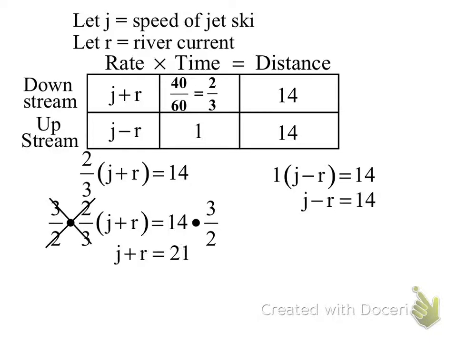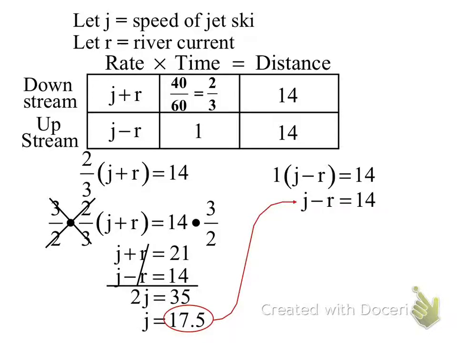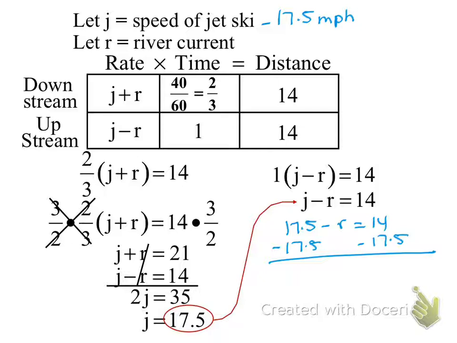Okay? That is the jet ski. In this case, we called the current R, which I really would have called C. So now I'm going to say 17.5 mph is our jet ski, right? And now if I subtract 17.5, subtract 17.5, what do we get?